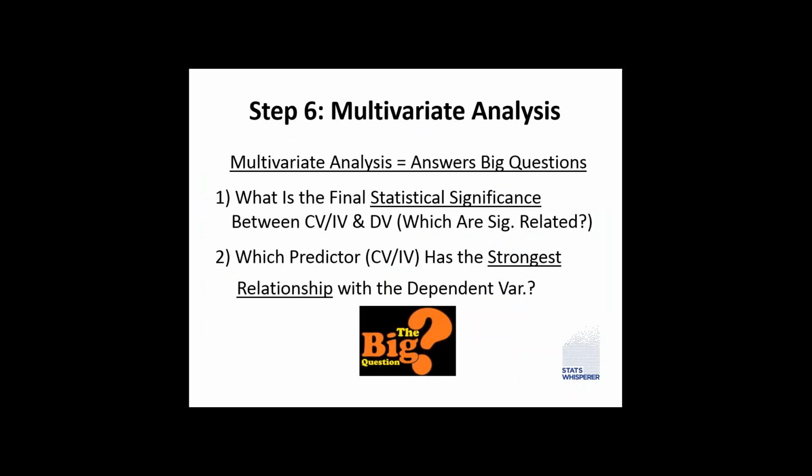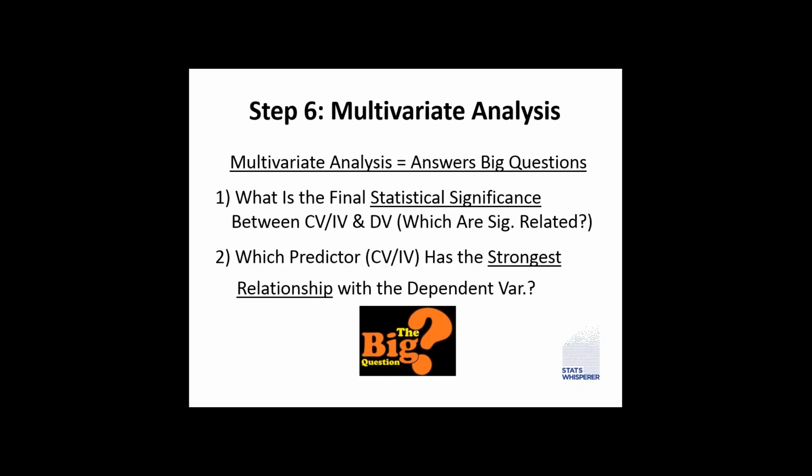So number one, in the context of the full model, when all the joint effects of all the predictors are observed, which ones are still significantly related to the dependent variable? Because often in regression, if you have a bunch of predictors that are significant, but when you test them at the same time in regression, some of them become no longer significant, right?